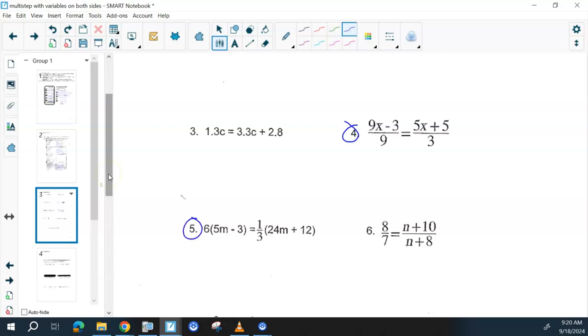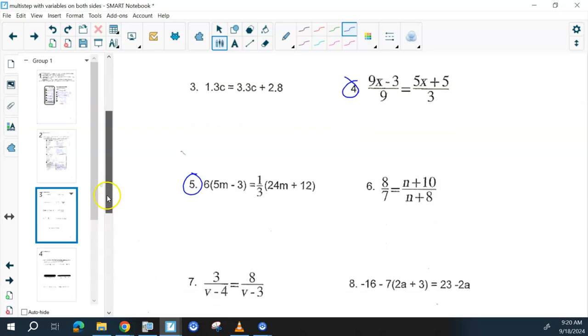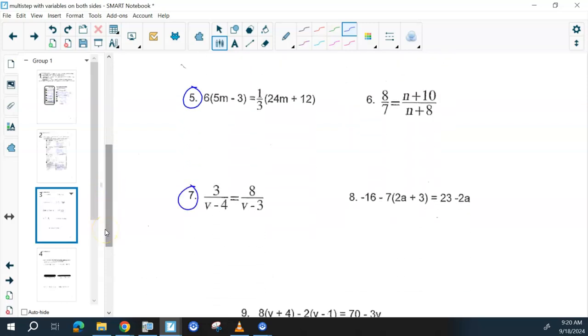Any others? We're not going to do 6 because it's going to be similar to 4 and 7. Any others before we move on?